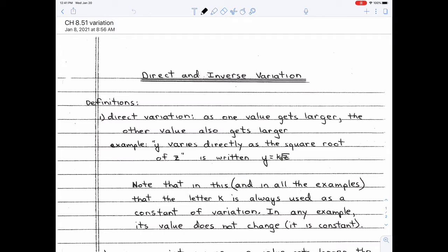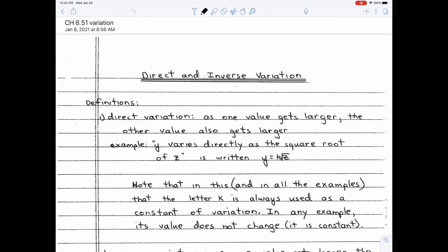Whichever way one changes, the other one changes the same way. So if one gets bigger, the other gets bigger. If one gets smaller, the other gets smaller. On an inverse variation, as one gets bigger, the other one gets smaller. And as one gets smaller, the other one gets bigger. In other words, they change in the inverse direction, the opposite direction from each other.